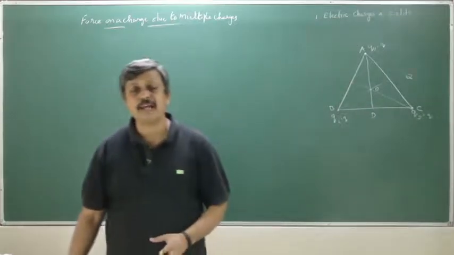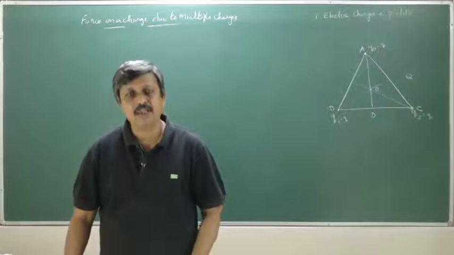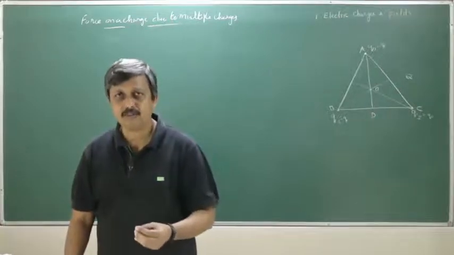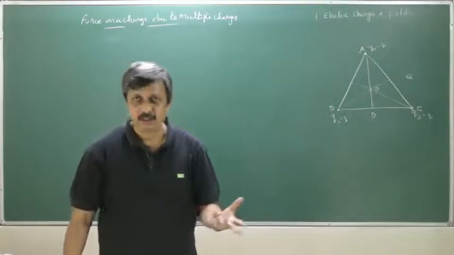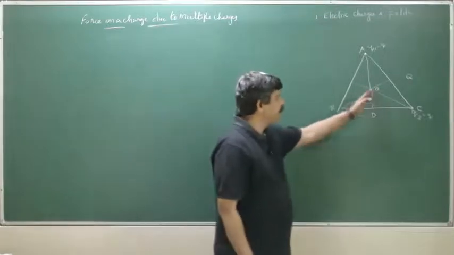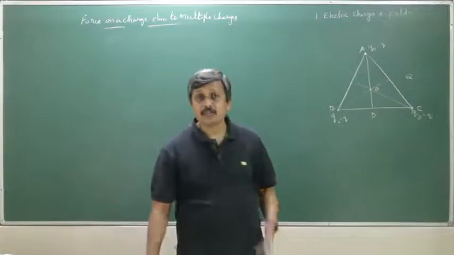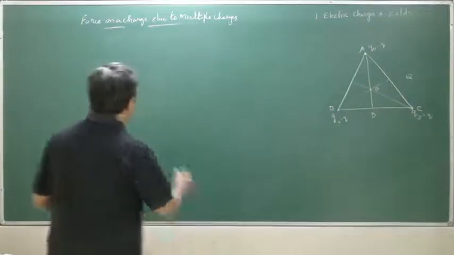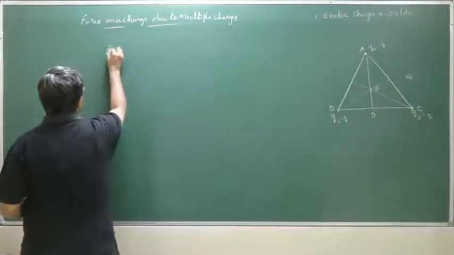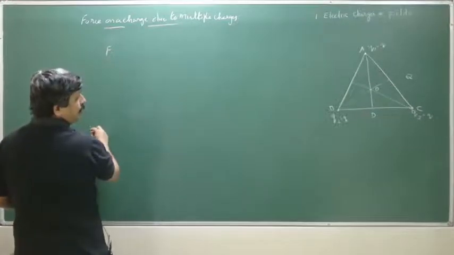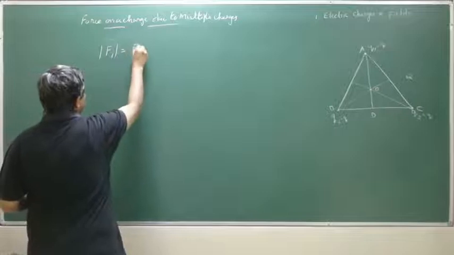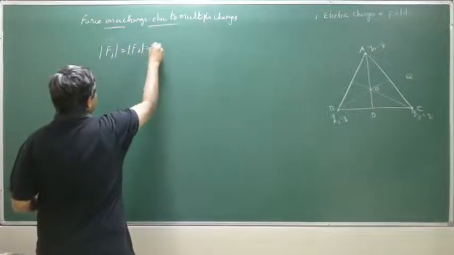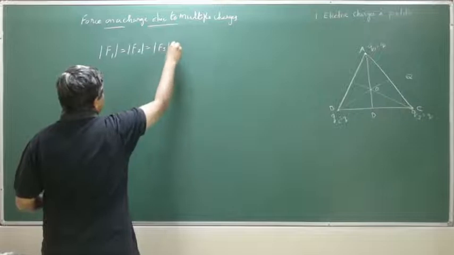Hence the magnitude of the force will be equal in all the cases, because the magnitude of the force simply depends on the charges themselves and the distance. So the magnitude F1 will also be equal to F2, will be equal to F. What will that be?